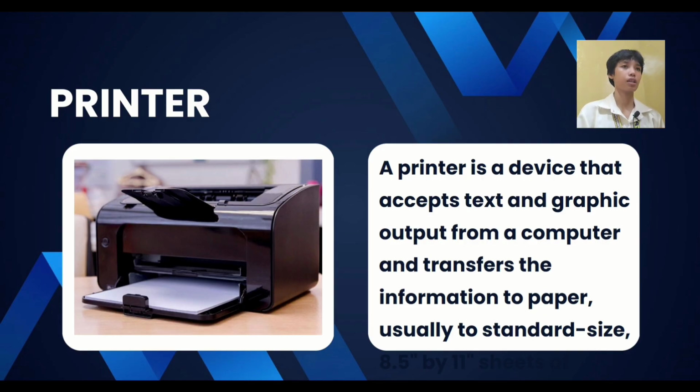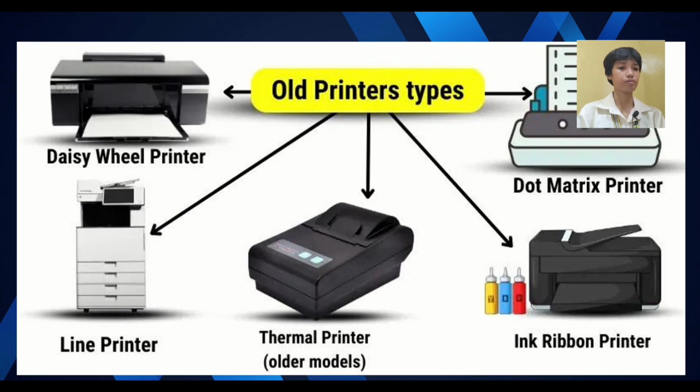So there's an output for this. These are the old printer types: the daisy wheel printer, line printer, thermal printer, dot matrix printer, and what we are using today is the ink ribbon printer, though it has also evolved today.